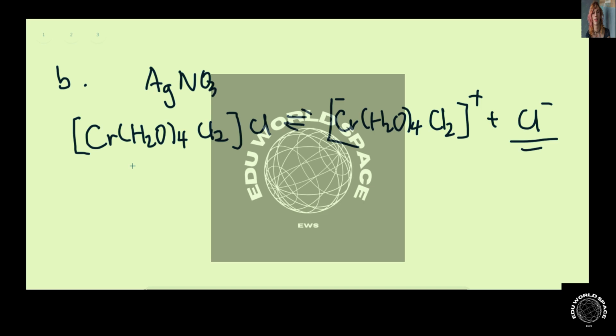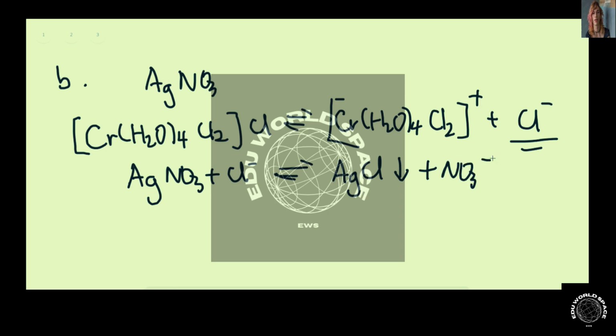So each mole of this complex has 1 mole of chloride ion, and 1 mole of chloride ion will react with silver nitrate solution, giving 1 mole of the white precipitate and NO3 negative. So the answer for part B is 1 mole.